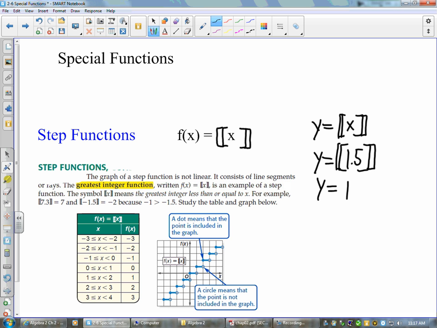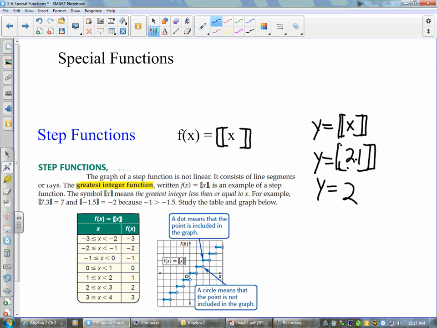If I say 1.4, it brings it back to 1. If I say 1.9, it brings it back to 1. If I say 2.1, then it'll bring it back to 2. Okay, so basically it truncates. It cuts off anything after that decimal point.